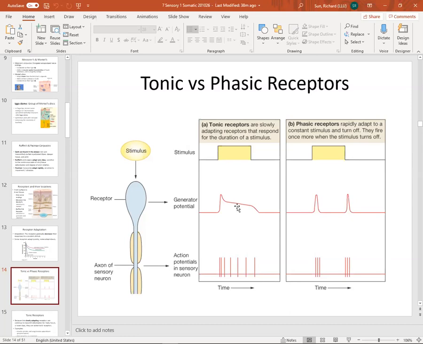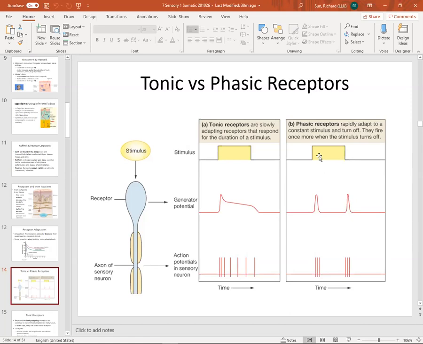So even though it gradually drops, it will be a highly intense signal in the beginning, but the feeling gradually decreases. However, it's not completely gone. And this is the end plate, this is the receptor potential. It will trigger the action potential into the brain. This is the impulse.